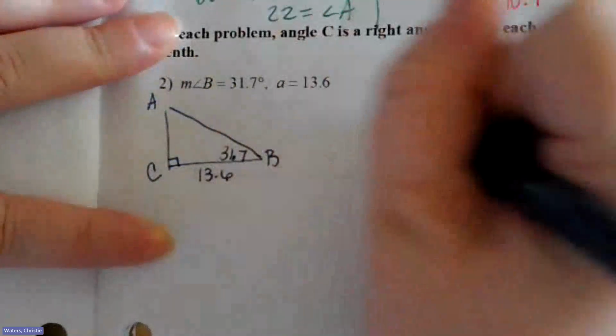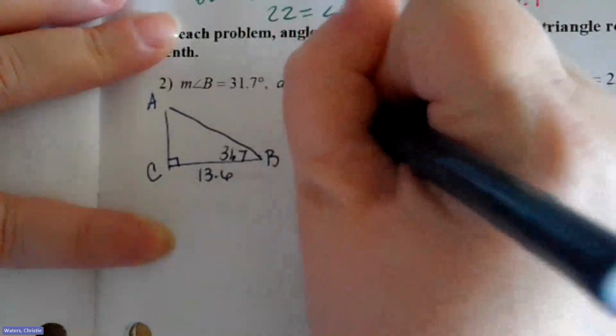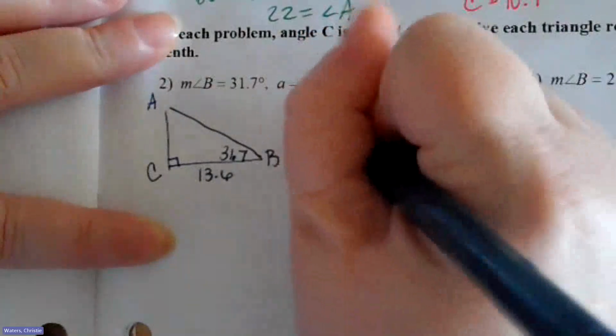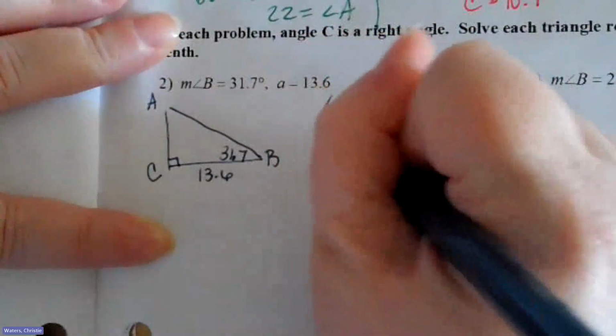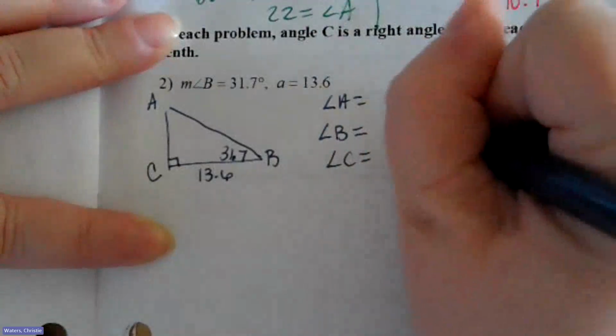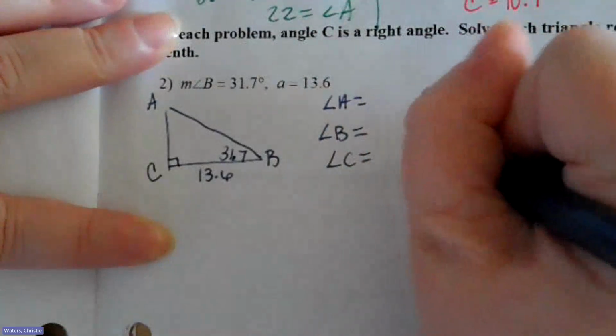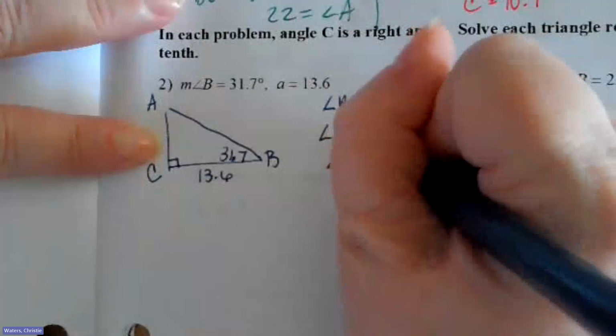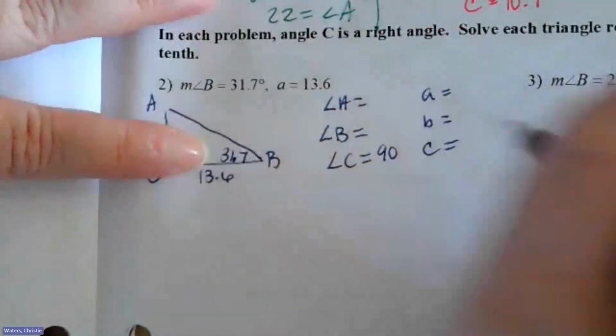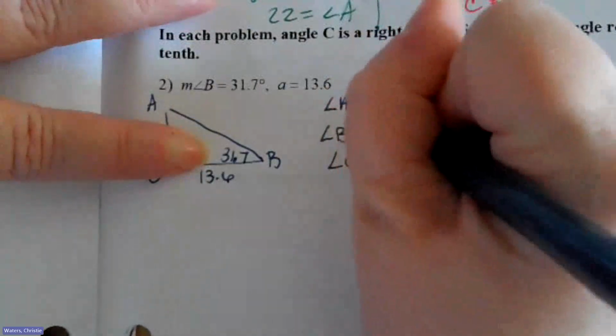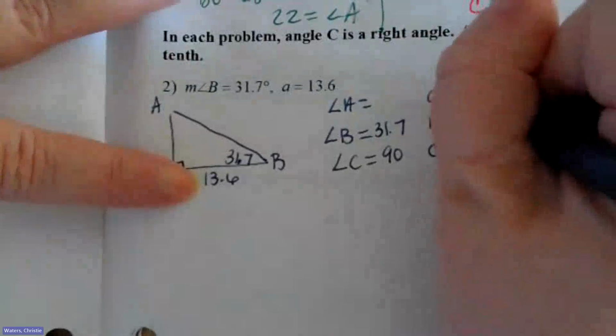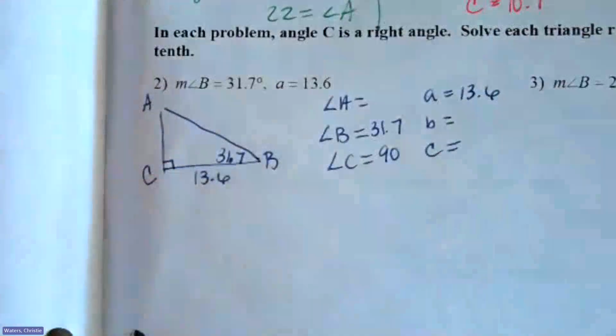So I guess I'll start my answers over here. Angle A, angle B, angle C, side A, side B, side C. All right. So angle C is 90, angle B 31.7, and side A is 13.6.